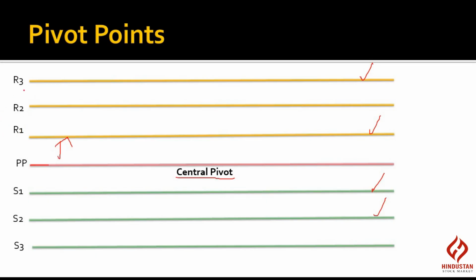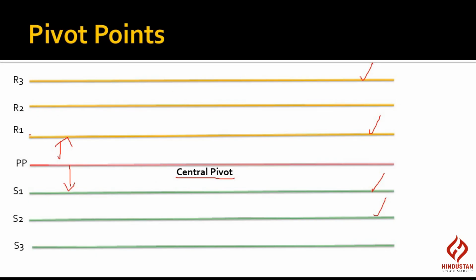That is R1, R2, R3, resistance level 1, resistance level 2, and resistance level 3. And lines below the central pivot are called support pivots, support lines. That is support level 1, 2, 3, right? So these are all important support and resistance levels.